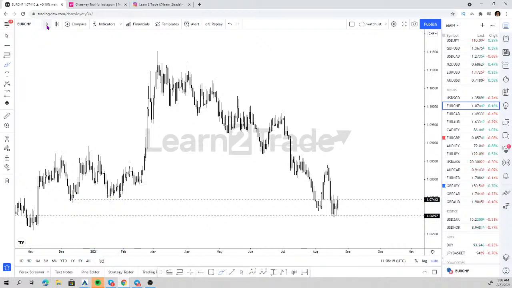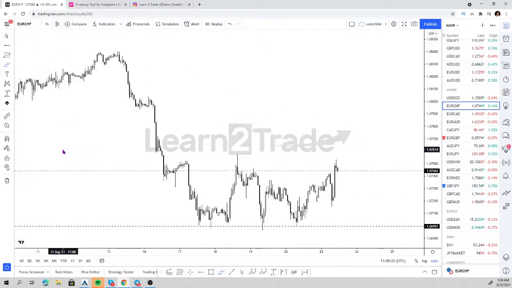The 107.75. Now, if we go to the hourly, we are seeing some very strong bearish pressure around the 107.75, but also strong bullish pressure around the 107. That's why I like the upside on this market.